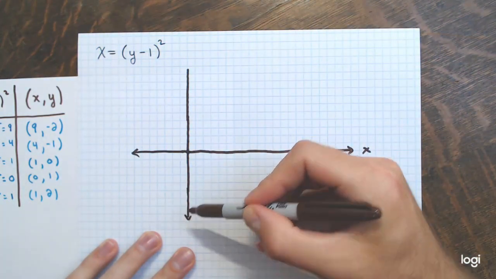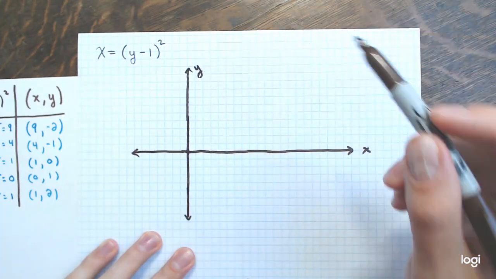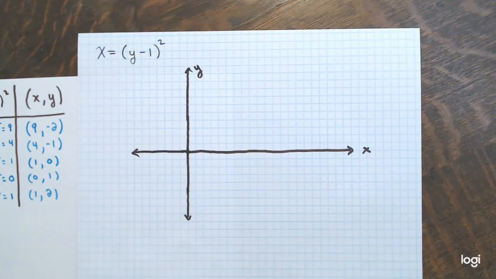So here's the y-axis. There will be times in the future in other videos where every square is a different number of units. But for all the examples, I'm just staying consistent, and every single square is going to represent 1 unit.